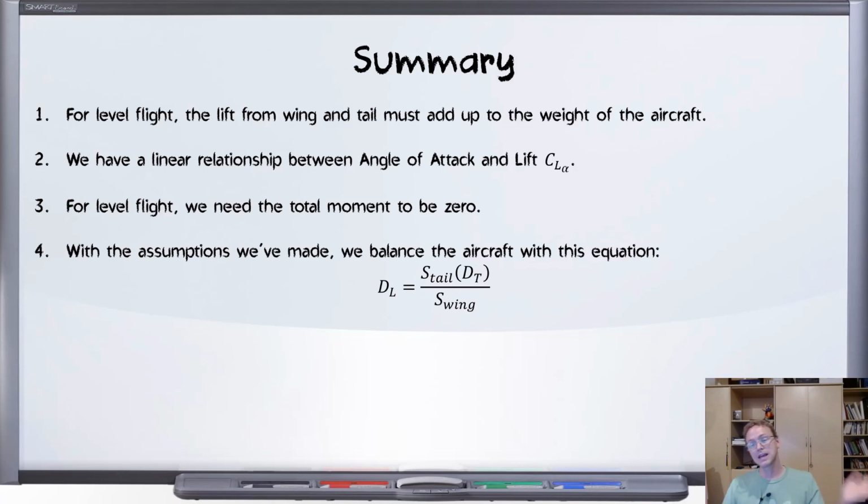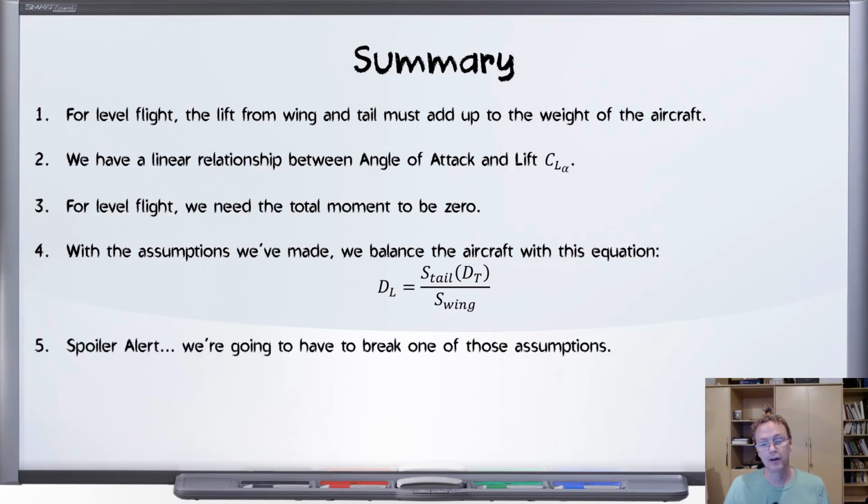And then we made quite a few assumptions and some simplifications, and then simplified it down to this relationship that ought to be able to balance the aircraft so that it doesn't spin, which would be a good thing. However, quick spoiler alert, one of those assumptions that we've made, we're going to need to break. That's not going to work.